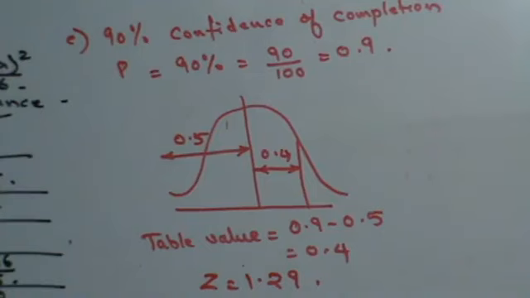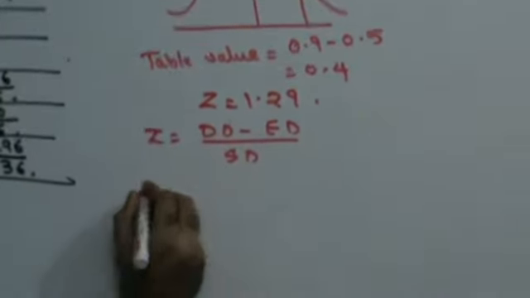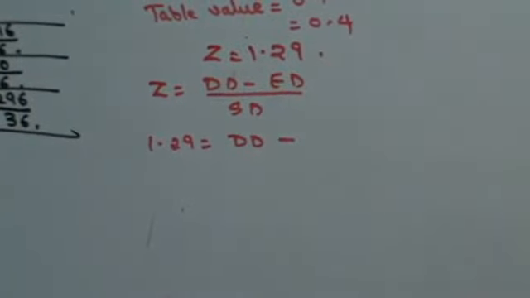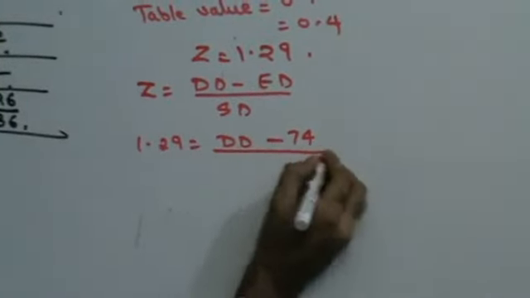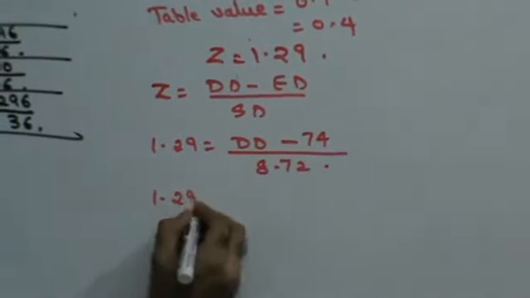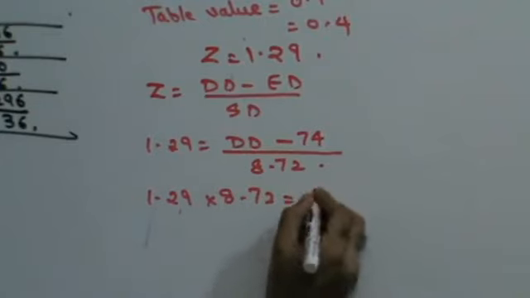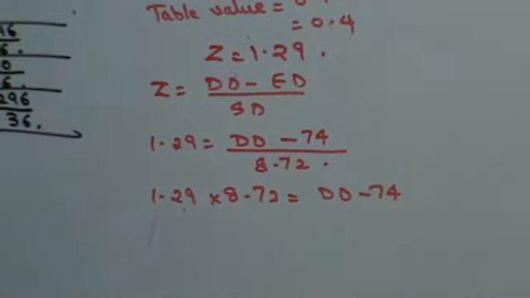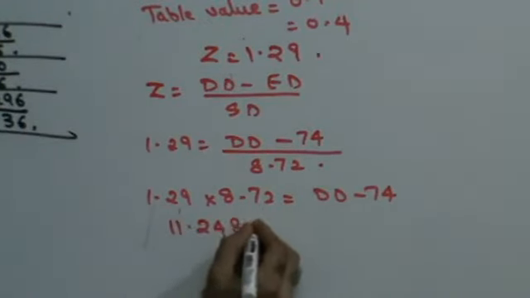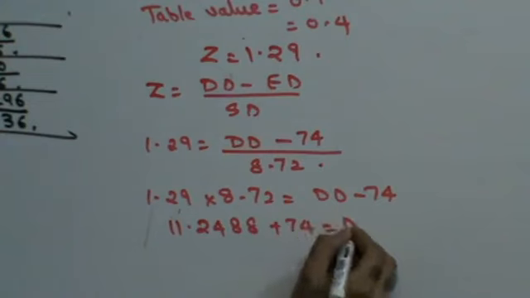The random variable Z is given by the formula: due date minus expected date upon standard deviation. So 1.29 is due date minus the expected date, where normal project completion is 74 days, upon the standard deviation of 8.72. So 1.29 into 8.72, which is 11.2488, plus 74 is the due date.